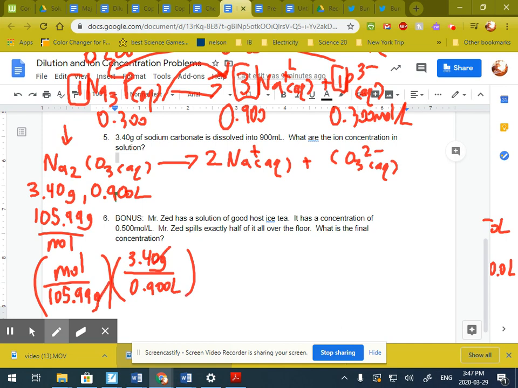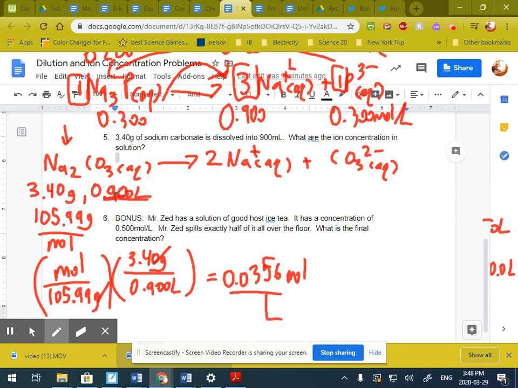Grams cancel, and now I've got moles per liter. So 3.4 divided by 105.99 times 0.9. Okay, I wind up with a fairly small concentration, 0.0356 moles per liter.